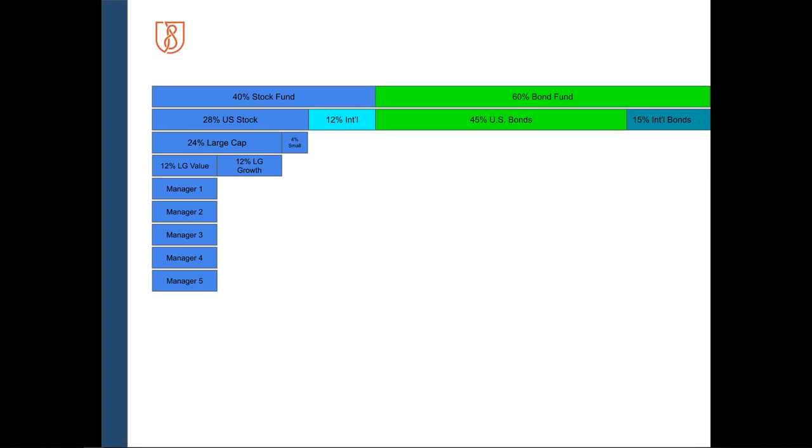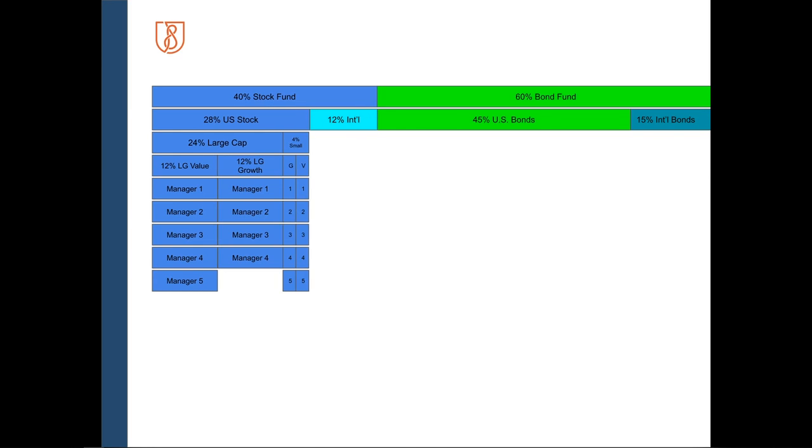Now, if any style of large value underperforms, it won't hurt your portfolio that much. We're going back to making sure your eggs are spread across several baskets here. Similar for growth, similar for small cap, and this is just in the US space, don't forget.